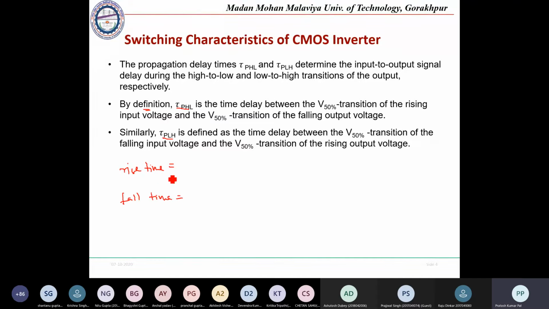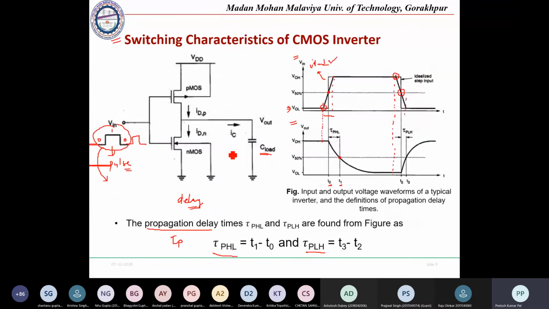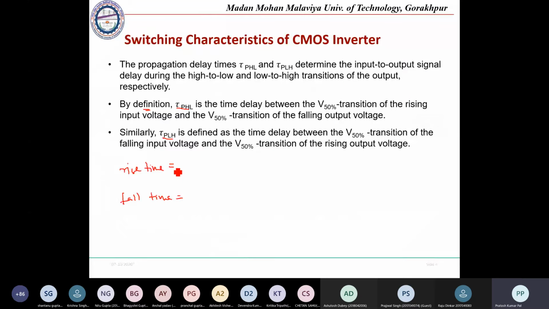So rise time and fall time will be considered in terms of input and output voltage. Rise time is the time to reach 90% minus the time to reach 10%.